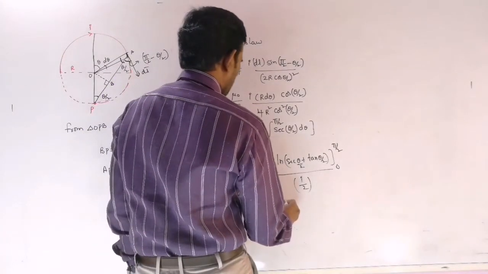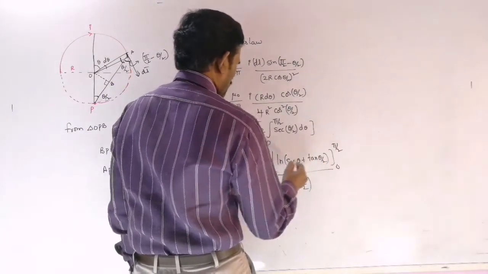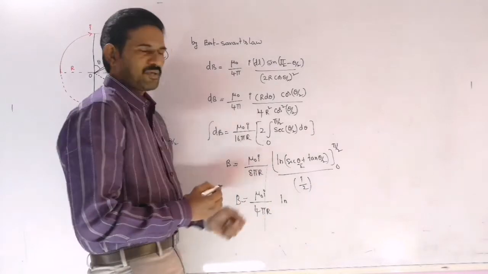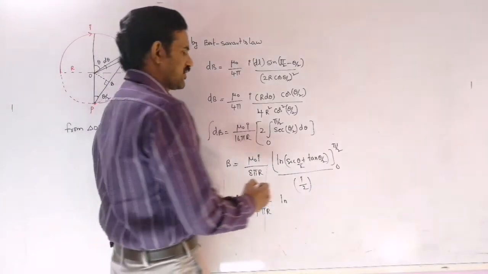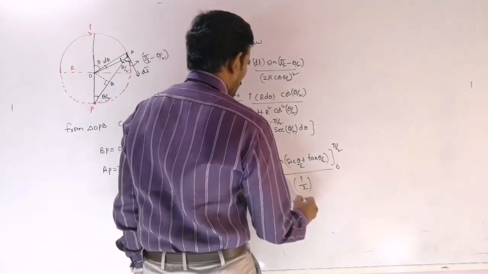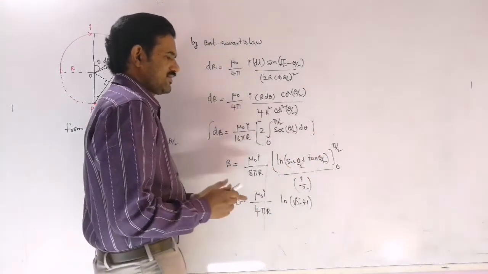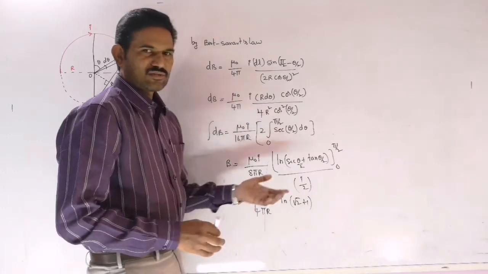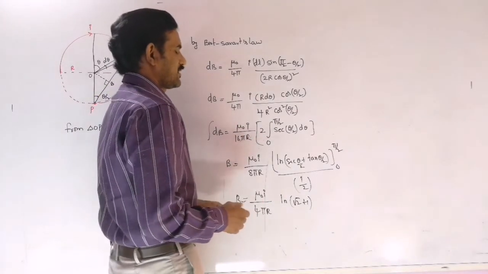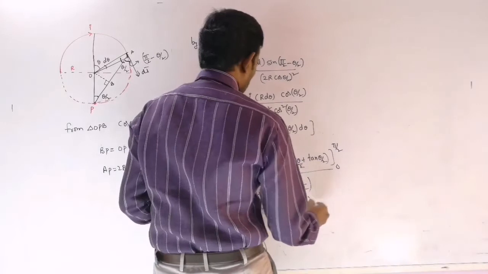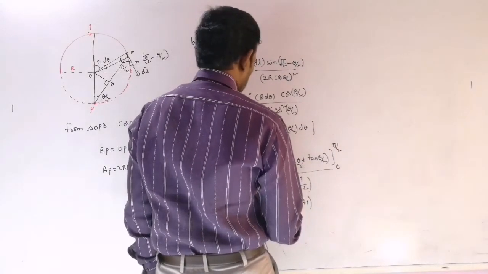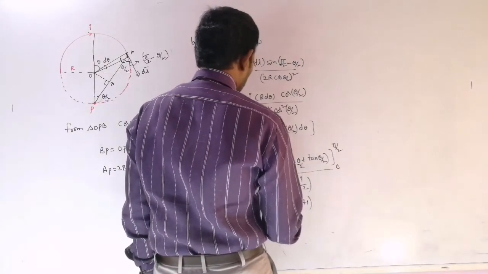If I substitute these limits, ln of secant pi by 4 plus tan pi by 4 you will get, secant pi by 4 is nothing but root 2, so root 2 plus 1, and minus this value ln of 0 plus... ln 1, that means 0 you can write here. So this will be the magnetic field there.